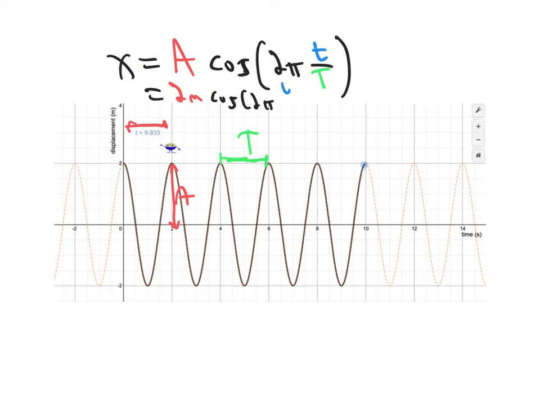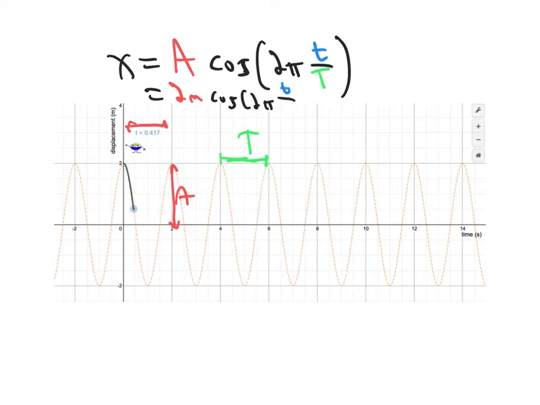The time is the clock time, so I can't put a value for it. And it looks like the period turns out to also be 2 seconds. Didn't mean to make both of those be the same. But we end up with this kind of graph.